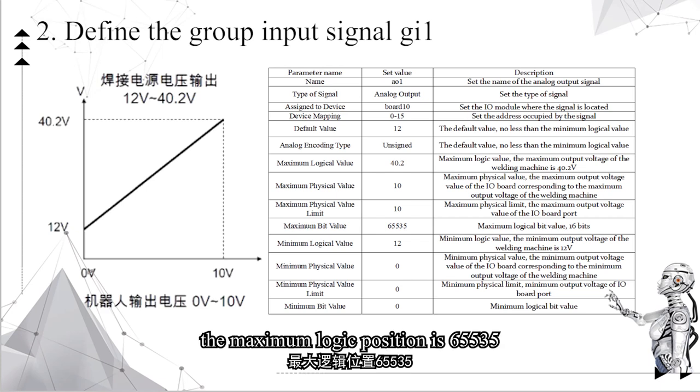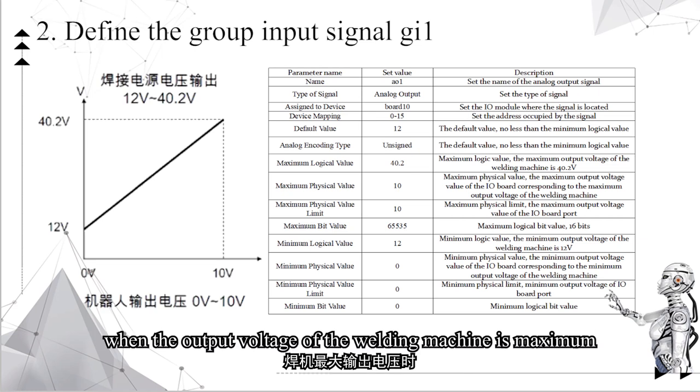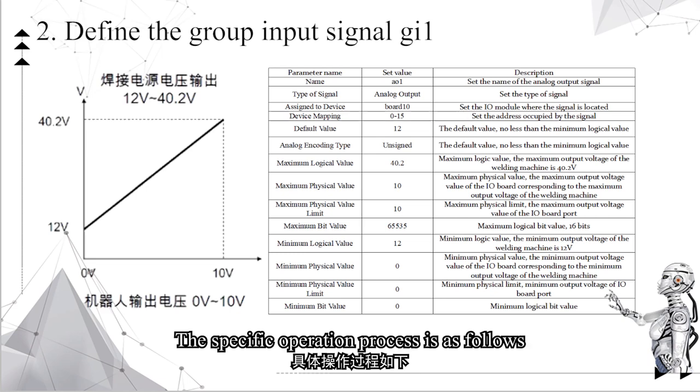The maximum logic value is 65,535. The maximum output voltage of the corresponding I/O board is 10 when the output voltage of the welding machine is maximum, and the minimum output voltage is 0. The specific operation process is as follows.